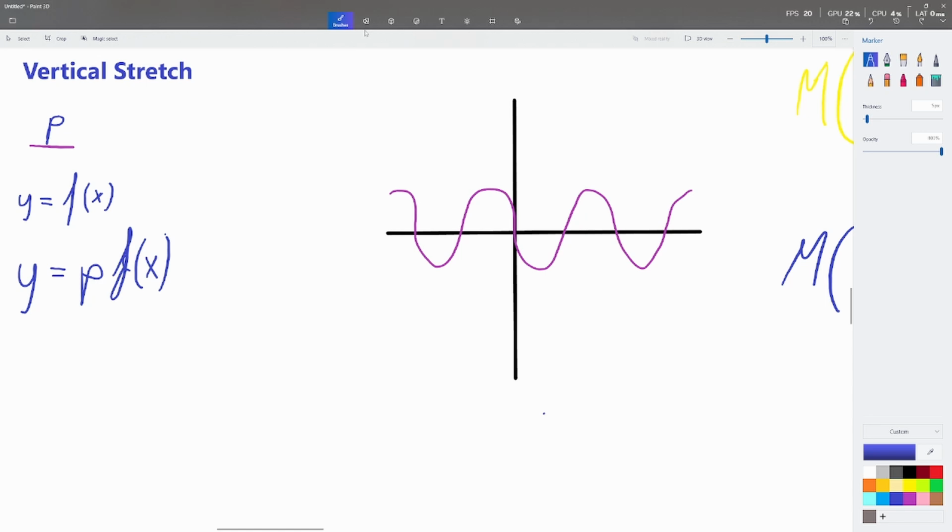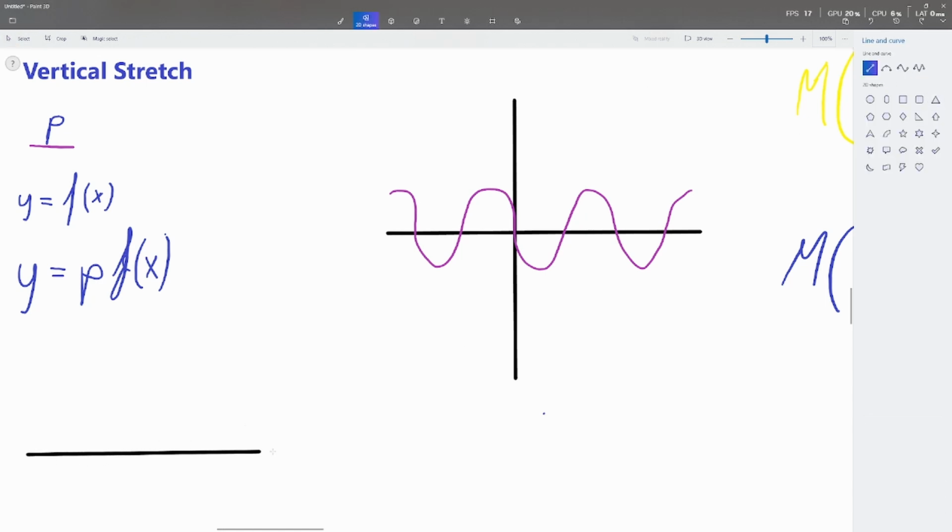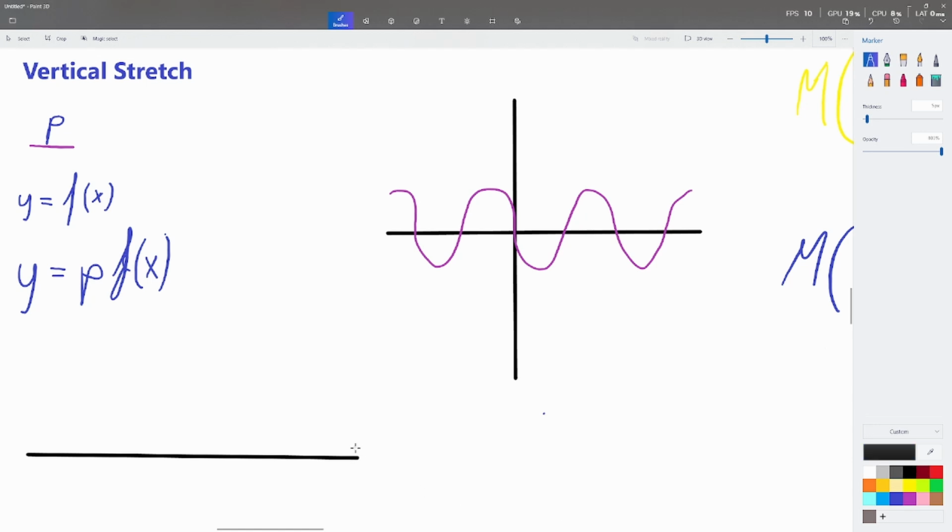However, let's talk about the values of p as well, as they're a bit tricky to understand. Before, with our translation values, we know that when it's negative it does something, and if it's positive it does something else. With vertical stretch, it's a bit more difficult. Let's think of numbers on the number line: -1, 0, and 1.